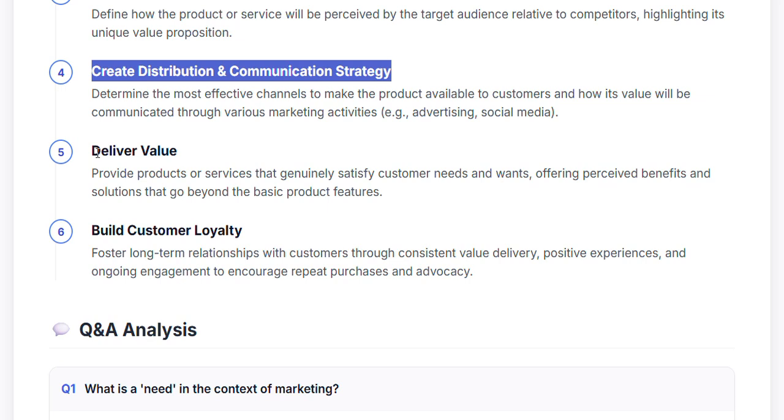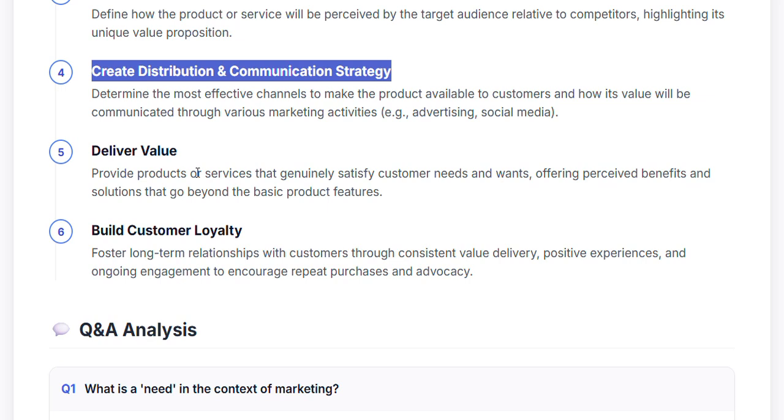Number five is about delivering value. Delivering value is very important, because some customers buy your service or products not only for the quality, but because of your value, your service. How does your service satisfy the customer's need and want, offering perceived benefits and solutions that go beyond basic product features? As you see, some products are very similar.